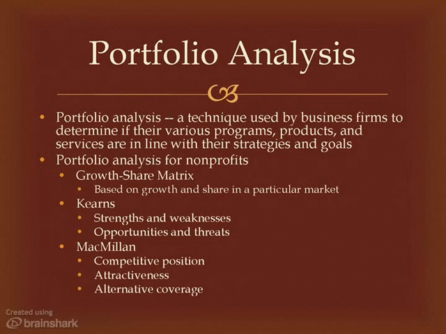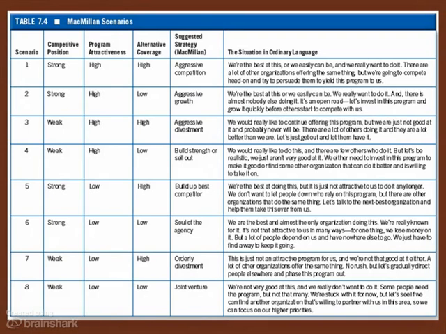So it's a technique that can be used by nonprofits. To further the discussion, within the book is the Macmillan scenario that includes the competitive position, the program attractiveness, the alternative coverage, and the suggested strategy. So read through this and understand how these kinds of techniques that have been used by business can also be adopted by nonprofit organizations.